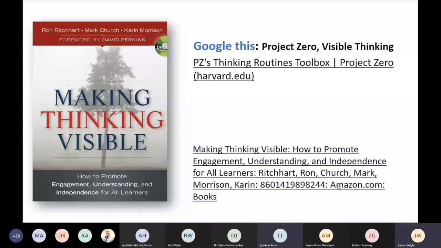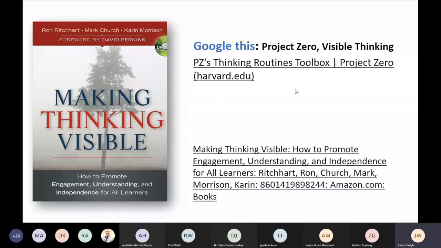Okay. In that case, just to let you know, one of the best books on this, and this comes from some of the original developers, is Making Thinking Visible. You can find this on Amazon or wherever you buy your books. It has a lot of the routines, but even more, just Google Project Zero Visible Thinking, and you will go to their Thinking Routines Toolbox webpage.